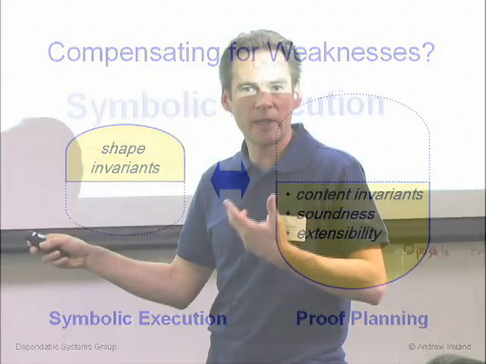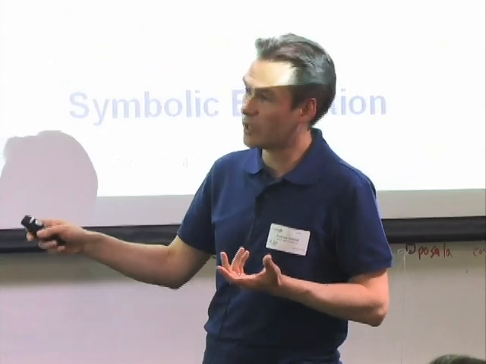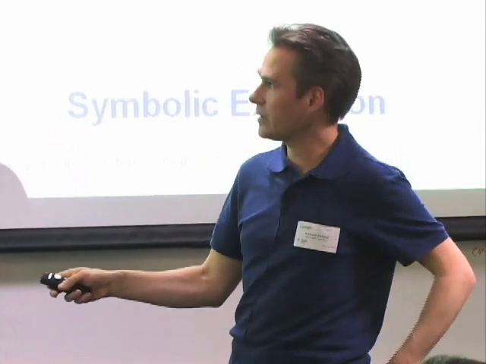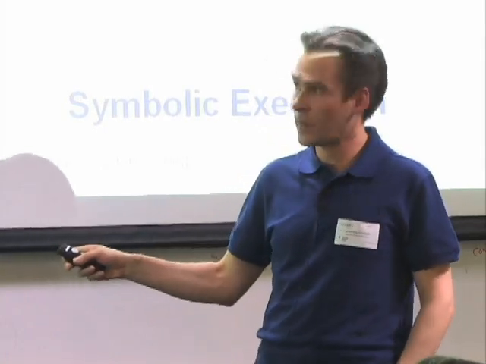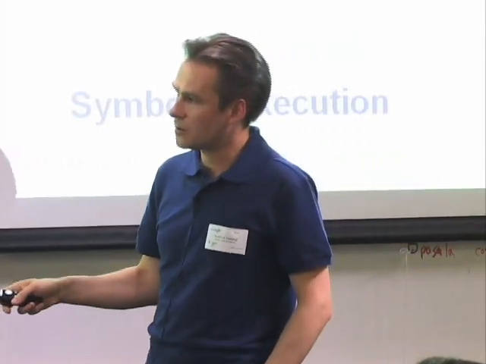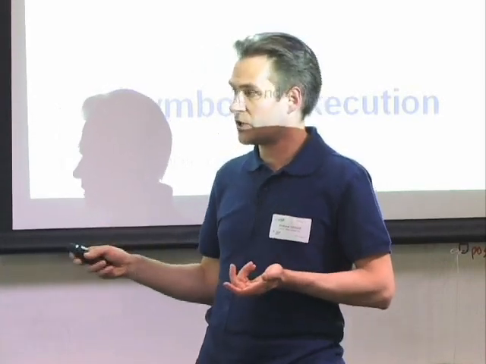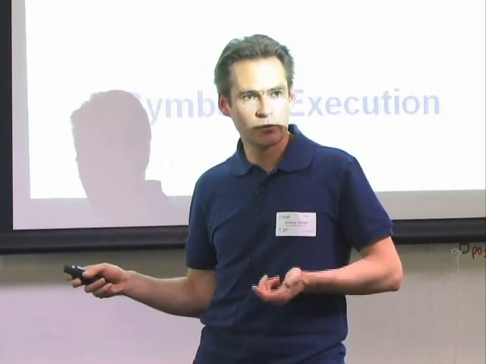So it liberates the kinds of integrations we can go for. We can talk to things like shape analysis, but we could also talk to much more liberal tools where there is no soundness proof lying behind them. And also extensibility, which I mentioned earlier. If we want to extend the Smallfoot family of tools based around symbolic execution, then we have to come up with new inductive lemmas. That's precisely what the proof planning framework has a proven track record in.